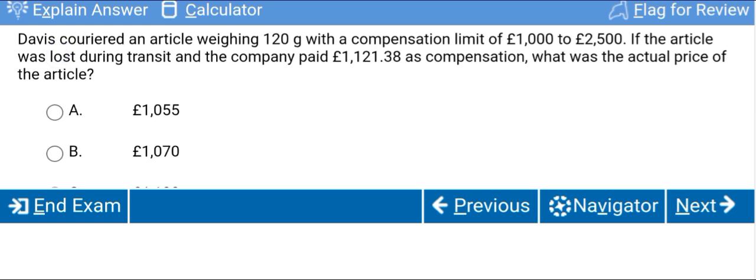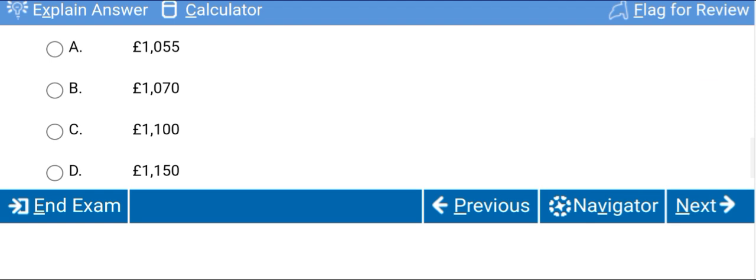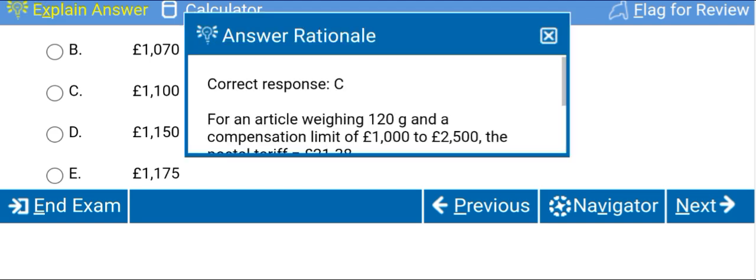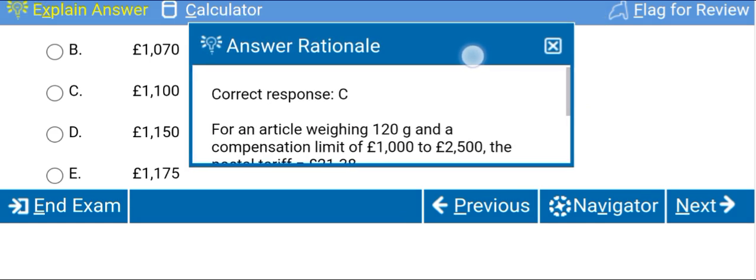Option A 1055 pounds, option B 1070 pounds, option C 1100 pounds, option D 1150 pounds, option E 1175 pounds. So the correct response is option C.